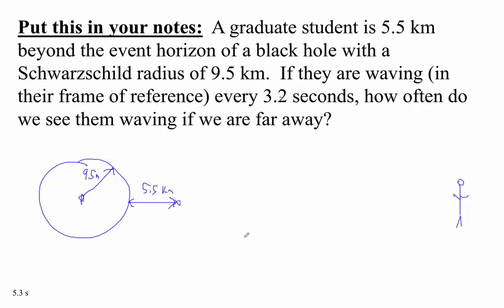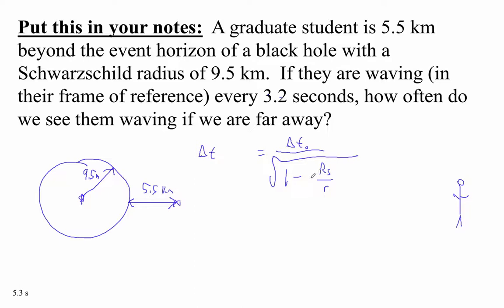So remember that our time is the proper time over the square root of 1 minus the Schwarzschild radius over the radius that we are at, the distance from the center. Now, if you put the 5.5 as our radius and the 9.5, this becomes imaginary or something like that.